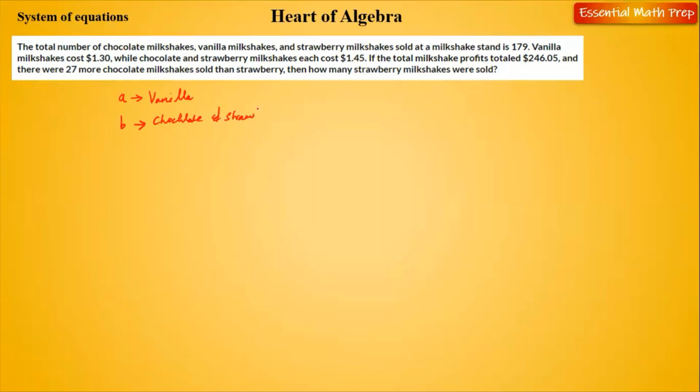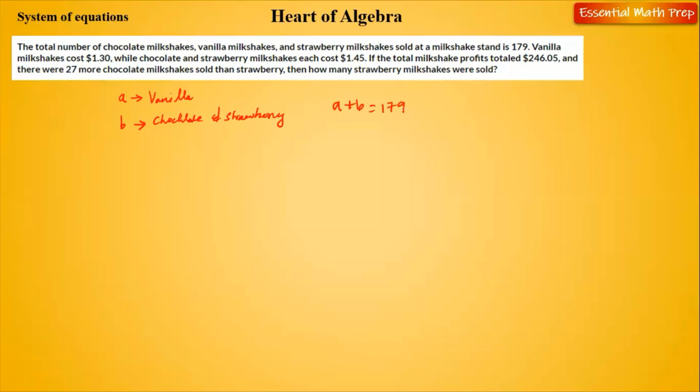This is a total, because we don't want to do it as A plus B plus C. Instead, because those have a very similar value of $1.45, we can do it as a combined. So we know the total A plus B equals 179.